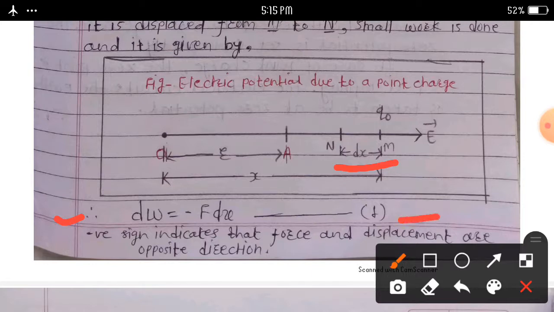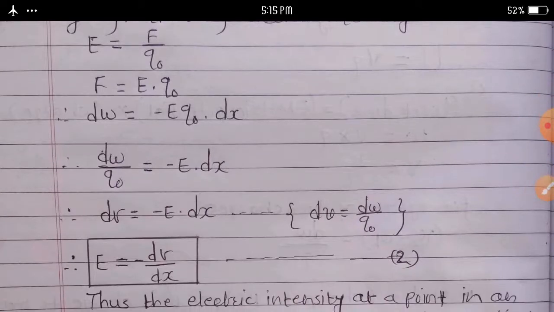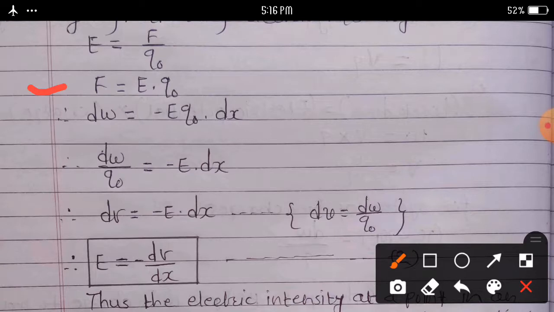Consider equation first. Here a negative sign indicates that force and displacement are in opposite directions. By definition, E is equal to F upon Q0. This force we can write F is equal to E into Q0. Then equation first becomes dW is equal to minus E into Q0 into dx.